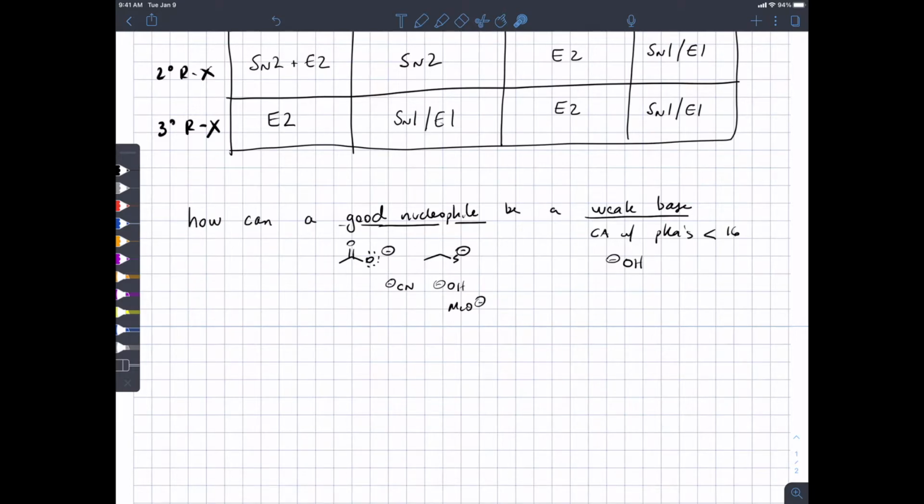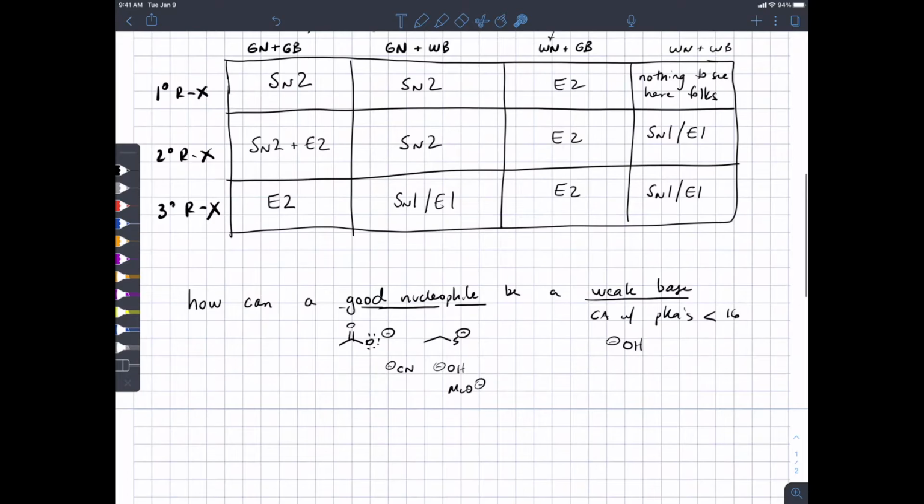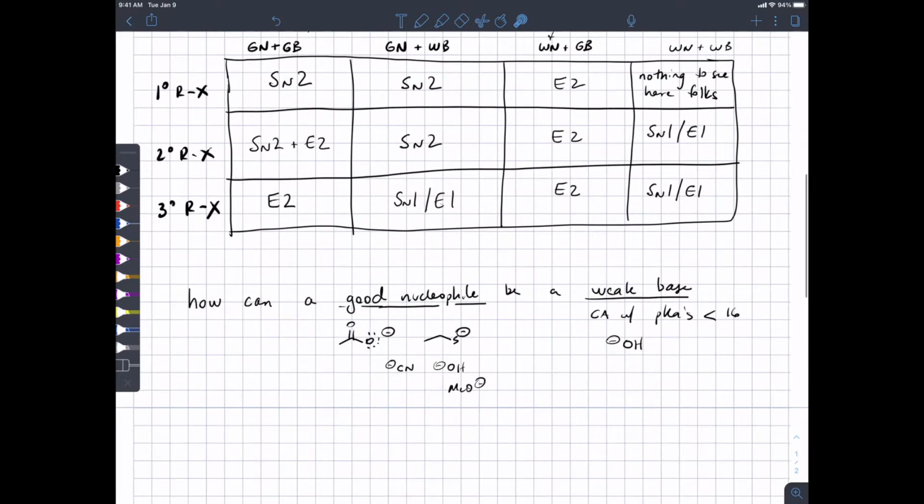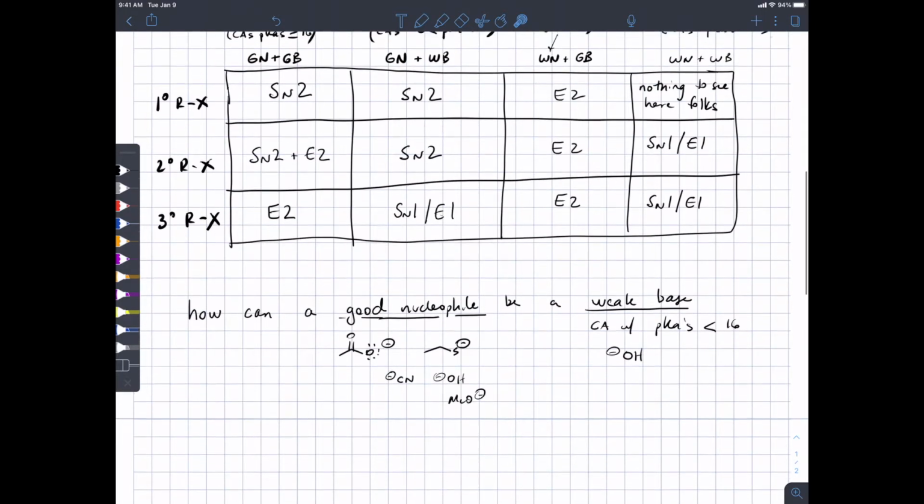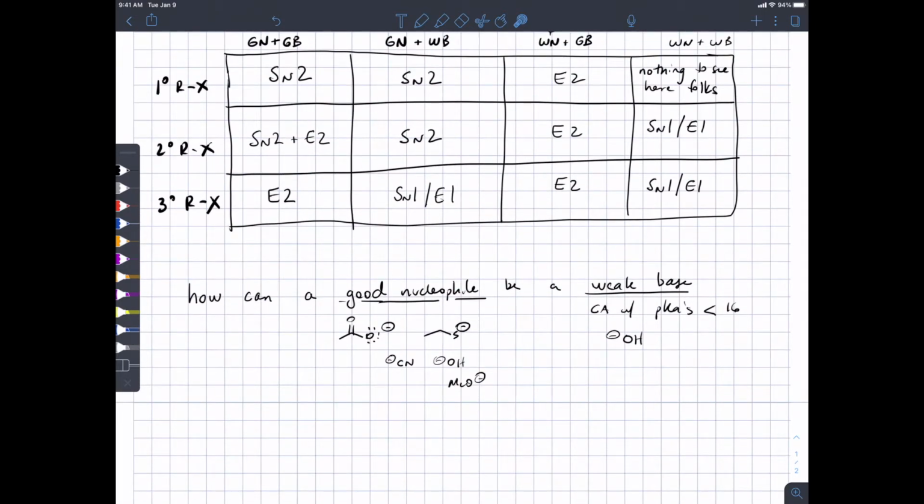For the good nucleophile and a weak base, for the tertiary, how come E2 can be possible, or E1 can be possible when it's a weak base? Okay, that's a good question. Good nucleophile but weak base. How come SN1 and E1 is possible?